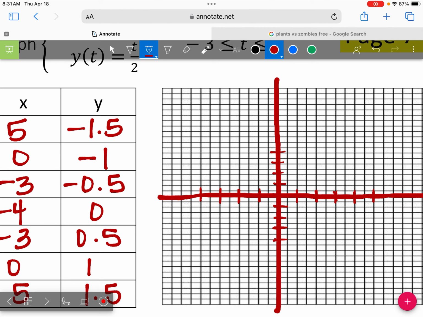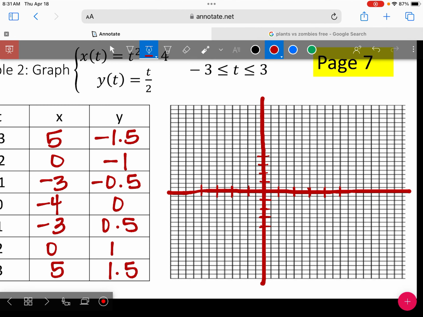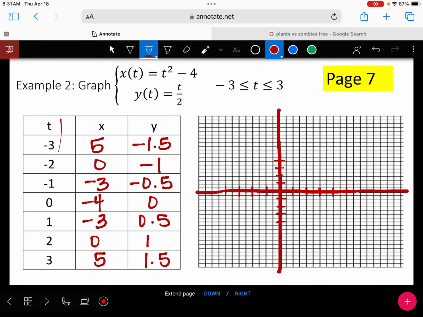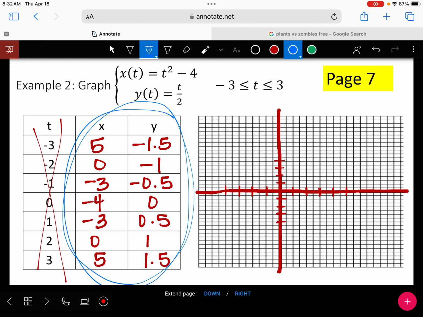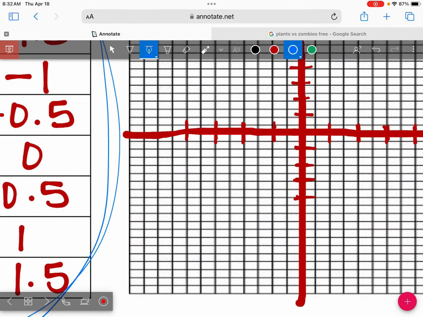So these are the values that I came up with. All right, who agrees with my values? So now when we graph it, again, we're going to eliminate this parameter, and we're only graphing these to my coordinate plane. So when I scaled it, I noticed that for my y I really just needed to count by a half.